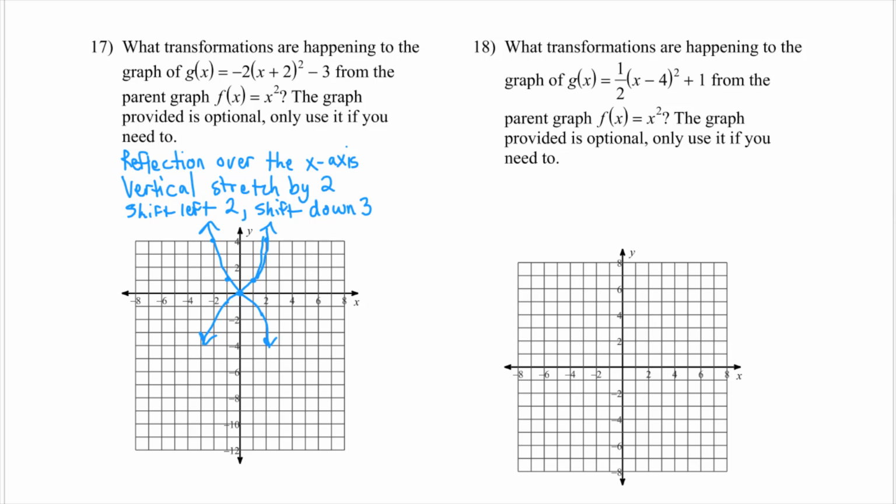That's the most, well, I guess it's not technically the most we could have, but that's as far as we're going with this. So on 18, same idea, except we don't have a negative in front, so there's no reflection. The 1/2, instead of it being a vertical stretch of 1/2, which doesn't make sense since it doesn't stretch if it's a fraction, we call it a vertical compression by 1/2.